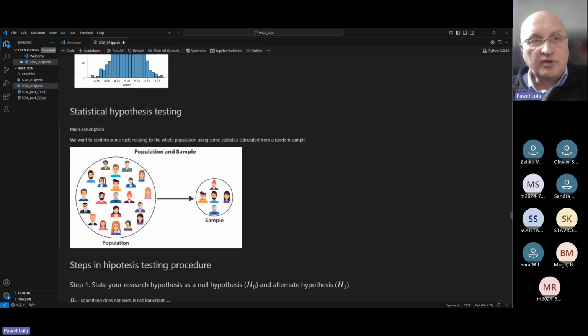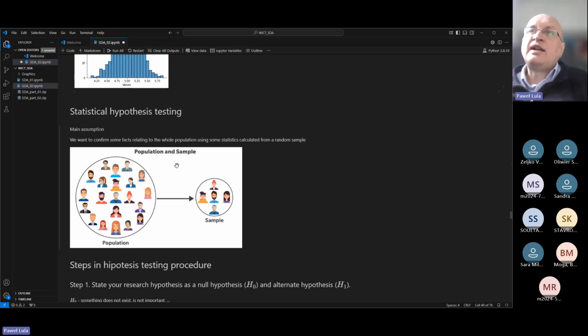For example, I'm going to say something about incomes of people living in Croatia. But it is not possible for me to ask every person living in Croatia.